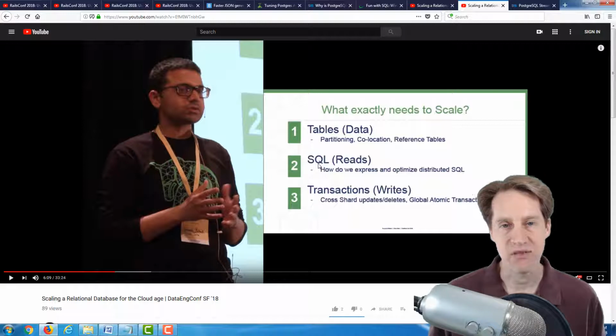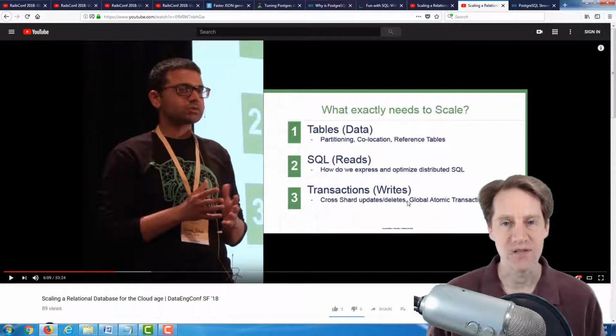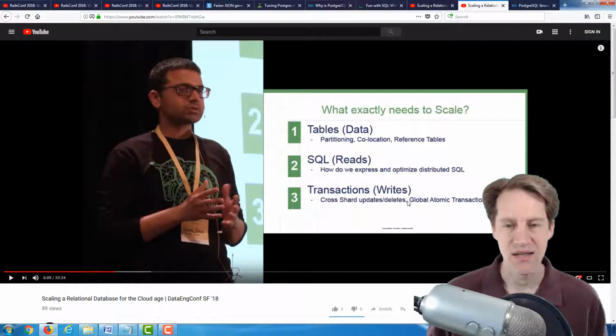Whereas the third talks about transactions that potentially have to hit multiple database partitions and how that requires using things such as two-phase commits, in the case of global atomic transactions. Because when you're sharding, you're literally having more than one database and all the coordination that needs to happen with that. So if you're considering Citus or looking at sharding or what the future holds for that, definitely a presentation to check out.